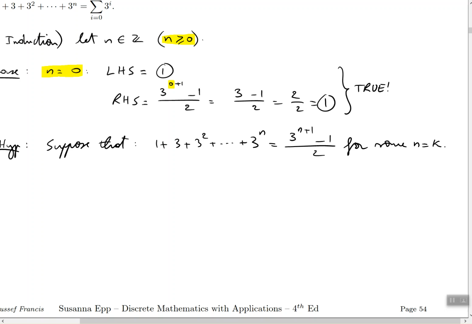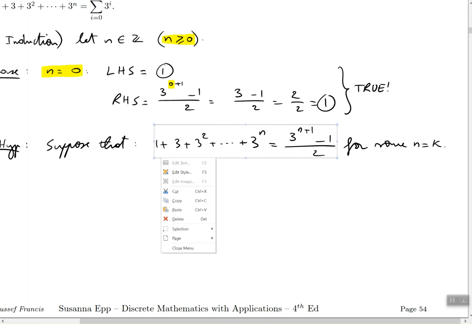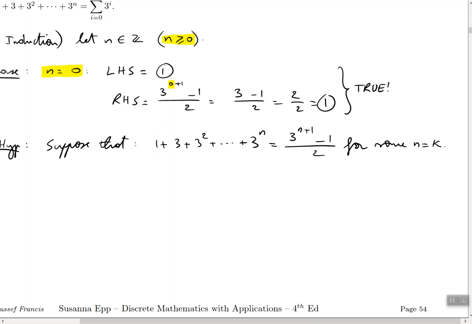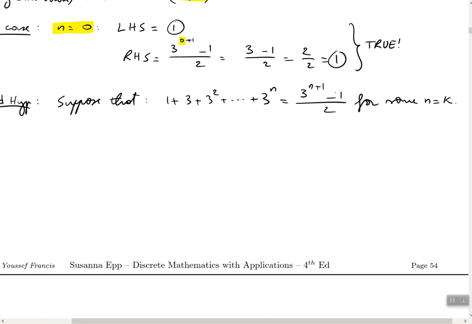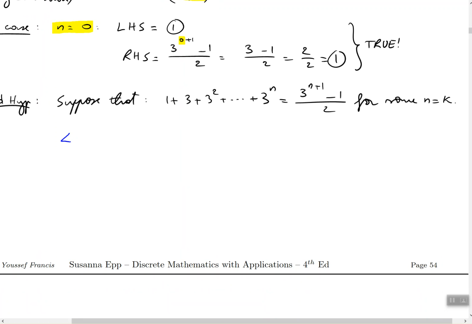In other terms, I'm assuming that this statement is true for one single number called k, and I want to prove that it's true for the next integer. So I want to show that 1 plus 3 plus 3 squared plus so on and so forth plus 3 to the n plus the next guy, 3 to the n plus 1, is equal to 3 to the n plus 2 minus 1, all divided by 2.